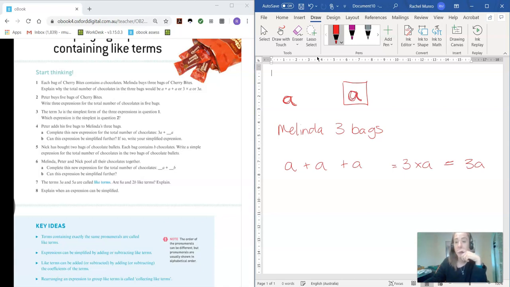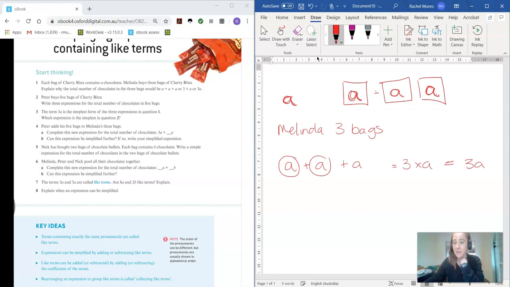So 1 bag would give me A cherry bites, which is this piece here. If I buy 2 bags, that's another bag with a number of bites, so I've got A plus A, which is the same as 2 times A. But Melinda bought 3 bags, so that's like having 3 bags each with a number of cherry bites in there.